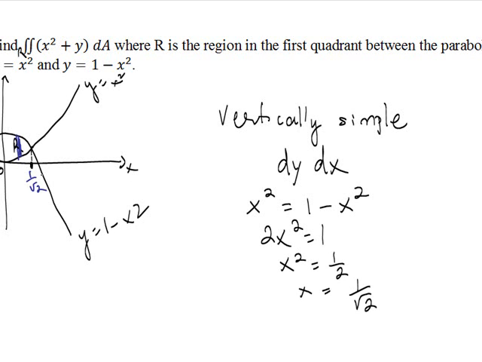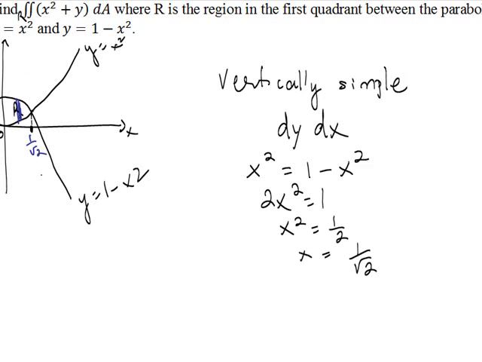Okay, let's set up the integral and let's work it out. So we have the double integral. Let's put the function x squared plus y. We want it to be vertically simple, so put dy dx. Put the constants first, the x limits.